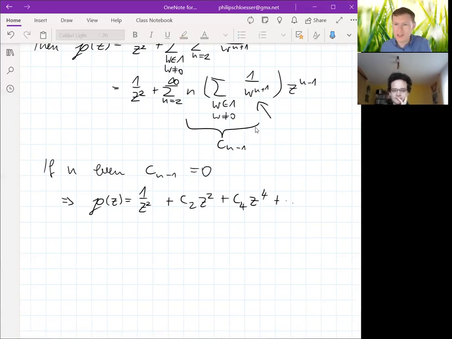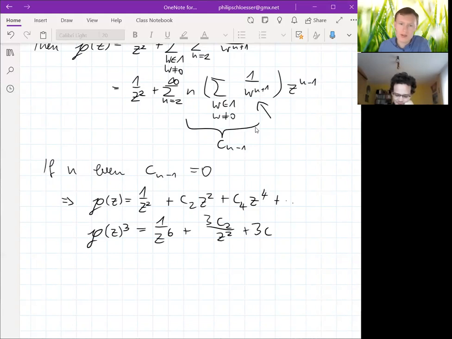And that's actually all we need. Now we can have a look at what the third power looks like. And well, that looks like 1 over Z to the 6th plus 3 times C2 over Z squared plus 3 times C4, plus higher order terms.